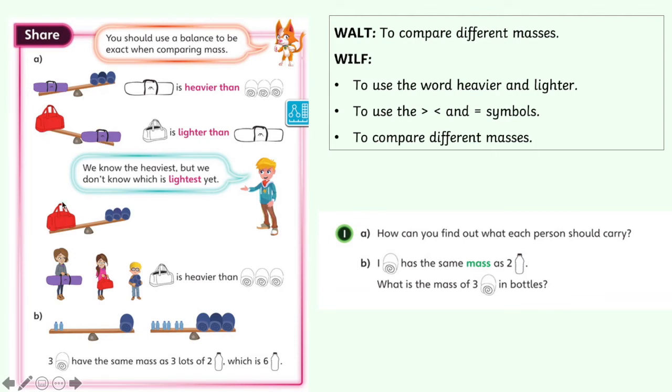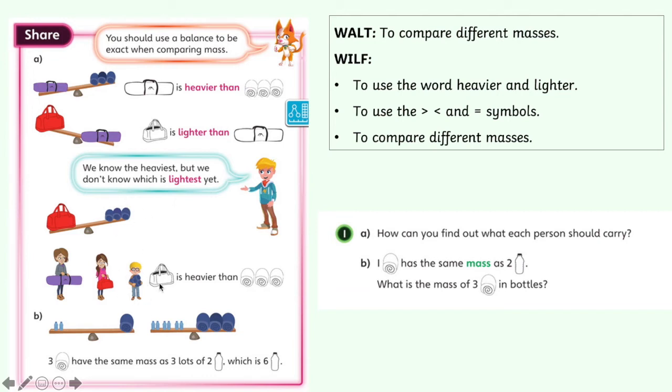And then if you'd compared the red bag and the sleeping bags, you would have seen that the red bag was heavier. So from this, you could have worked out, well, mum needs to carry the heaviest thing, which is the purple tent. Sister can carry the red bag because this is heavier than the sleeping bags, and little brother can carry the sleeping bags.